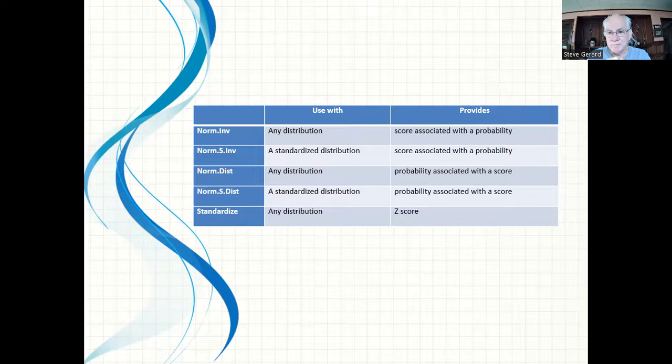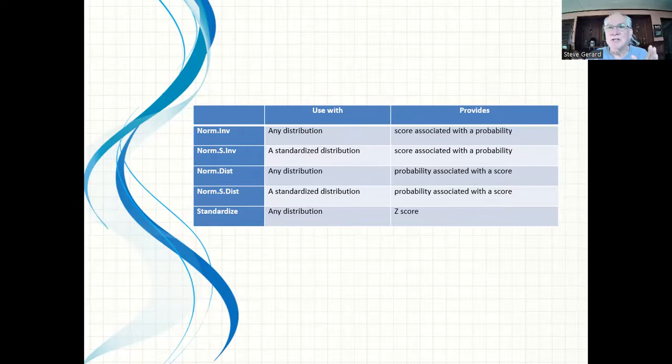Now, IQ scores are standardized. You take an IQ test and your raw score might be that you got 37 correct out of 50. When they report your IQ to you, they'll say you have an IQ of 110, which means they've standardized it.